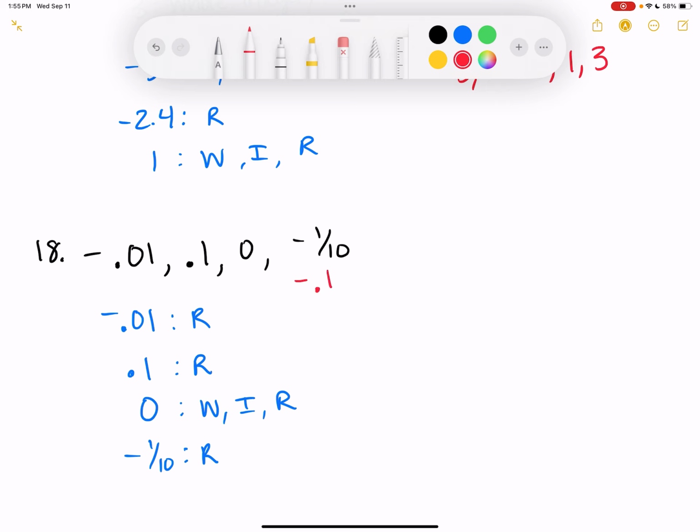So I need to order these from smallest to largest. So what would that be? Negative 0.1, 0.1. Hold on, say it one more time. Negative 0.01, negative 1/10, 0, and then 0.1.